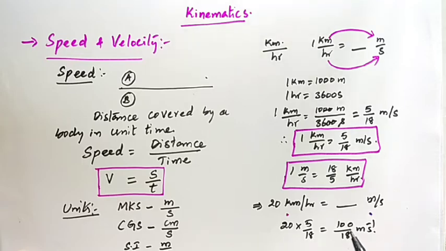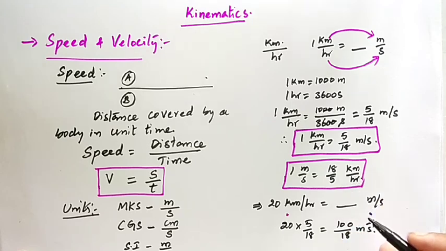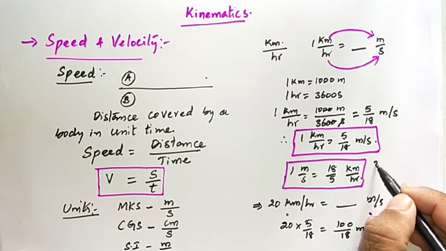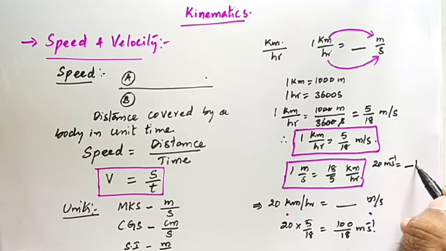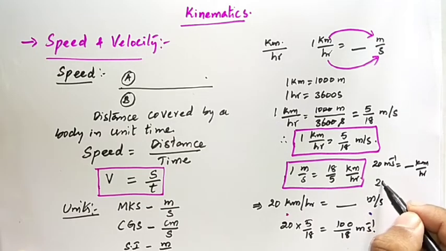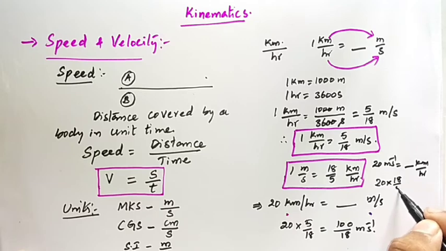That's it. Similarly, how to convert meter per second into kilometer per hour? Multiply with 18 by 5. For example, if you want to convert 20 meters per second into kilometer per hour, that is 20 into 1 meter per second, which is 18 by 5.